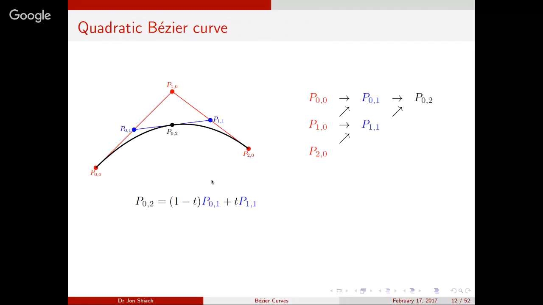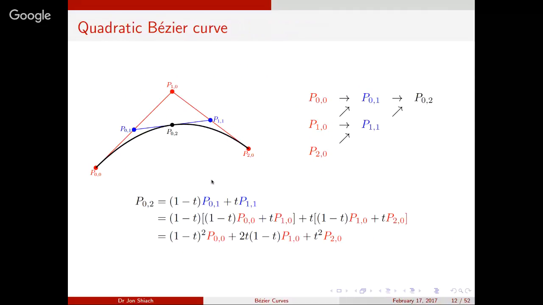Okay, so starting at the right, that's our point on the curve. Horizontal arrow represents the 1 minus t coefficient. Vertical arrow represents the t coefficient. Okay, so if I replace P01 with its parametric equation of a straight line, and do the same with P11, okay, so doing a bit of simplification.